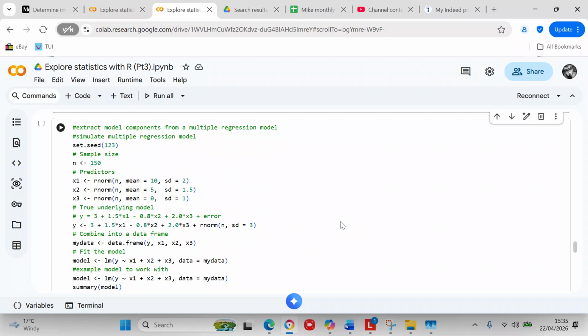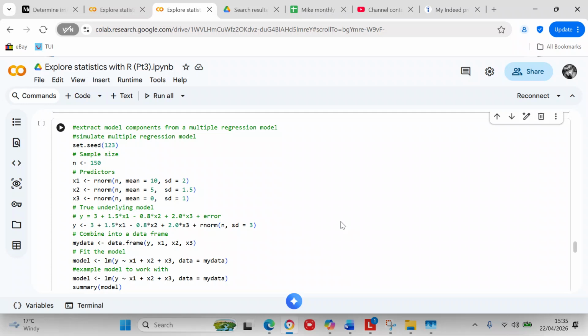And then we're going to define our true underlying model. Your true underlying model is y equals 3 plus 1.5 times x1 minus 0.8 times x2 plus 2.0 times x3 plus your error.